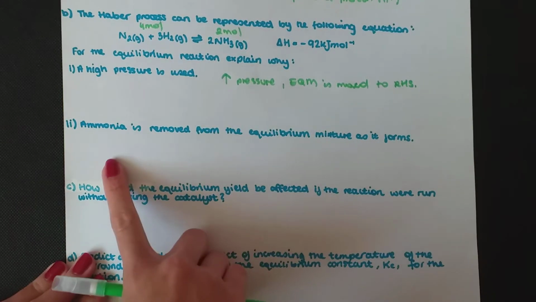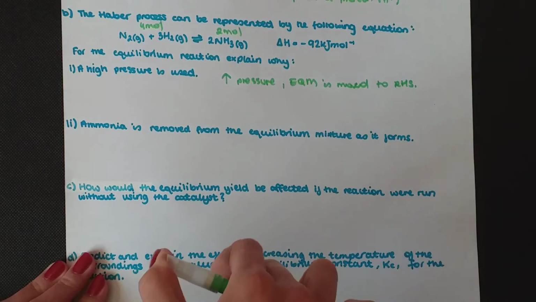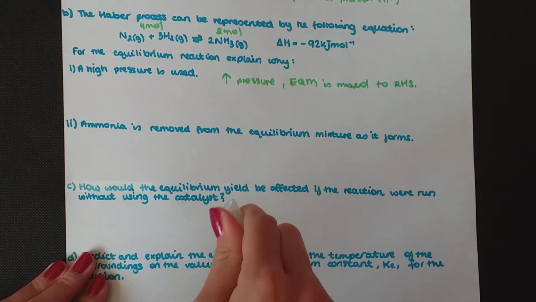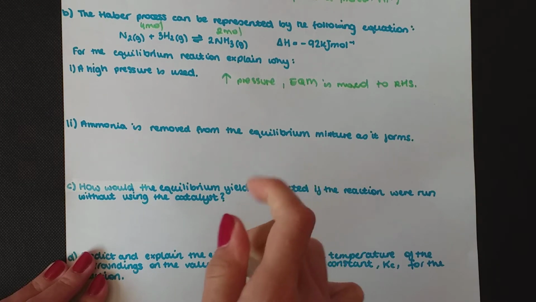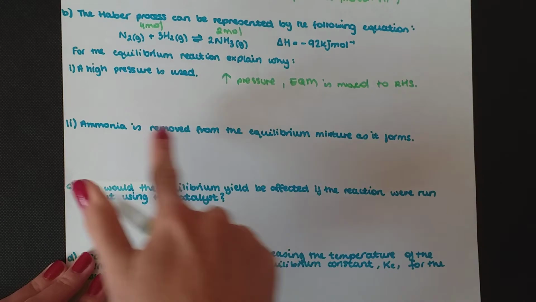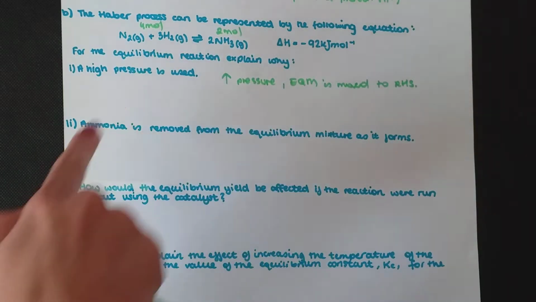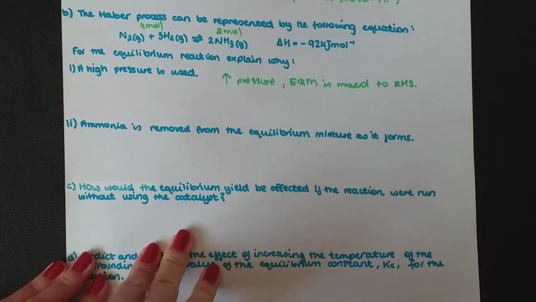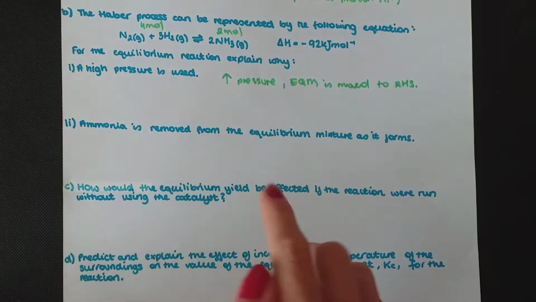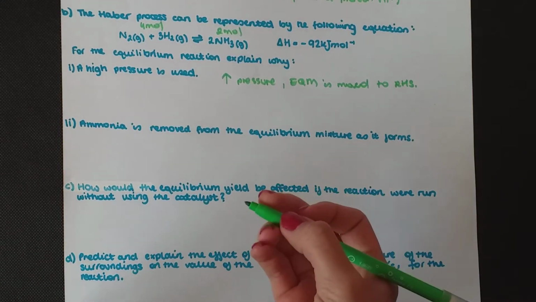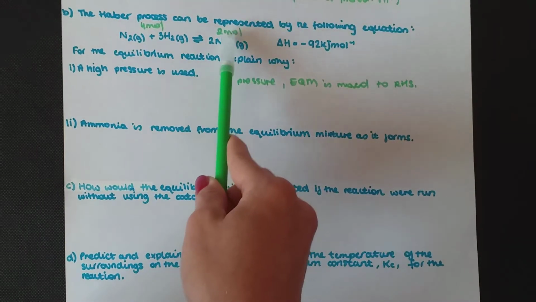Part II says ammonia is removed from the equilibrium mixture as it forms. Whenever the ammonia is removed, the equilibrium will do as much as it can to restore that ammonia lost.